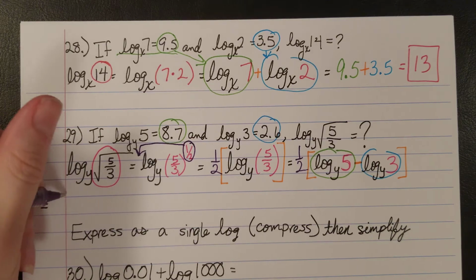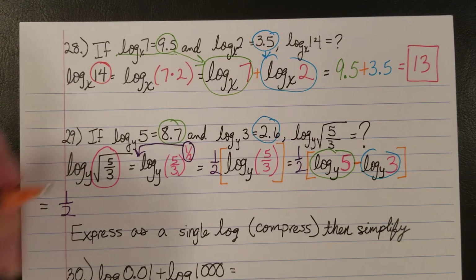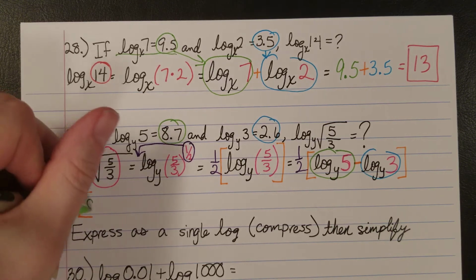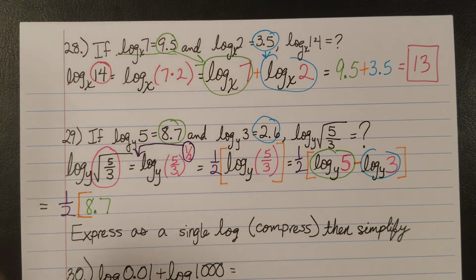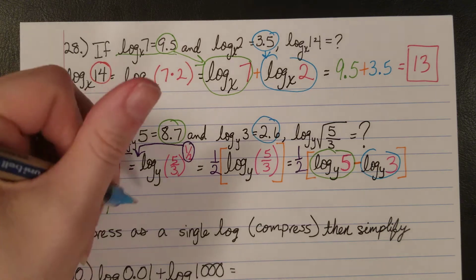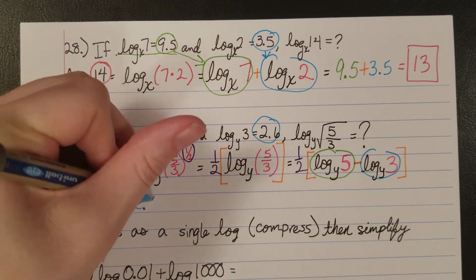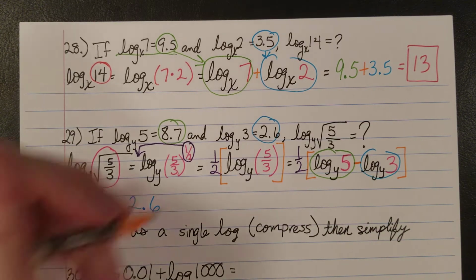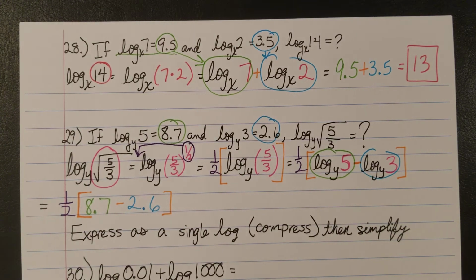Okay, so we still have the 1/2 in the front. So 1/2 times 8.7 minus 2.6. All right, and we're just now going to evaluate. So let's evaluate what's inside the bracket. So 8.7 minus 2.6 is equal to 6.1, right?